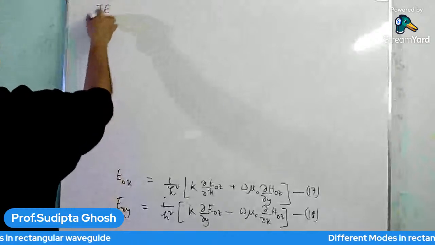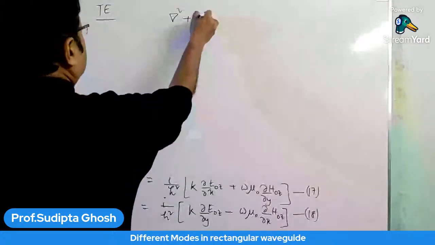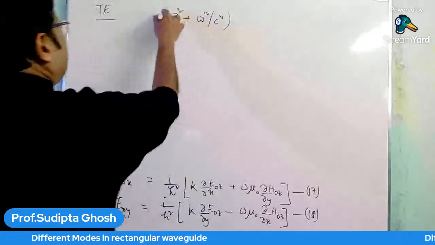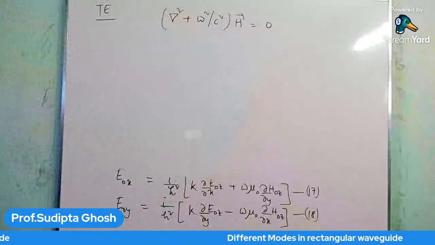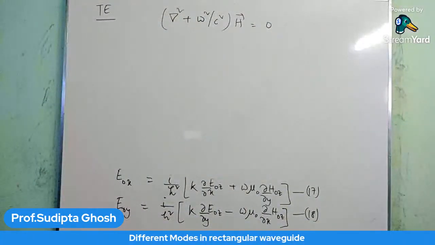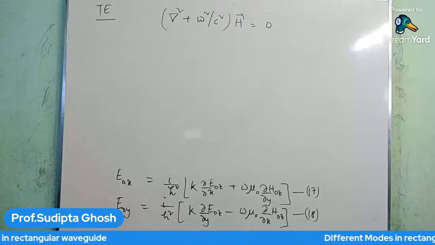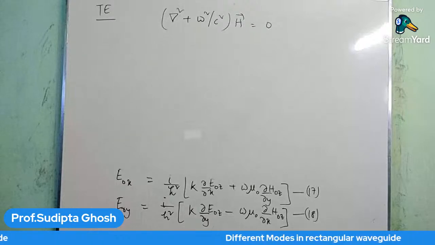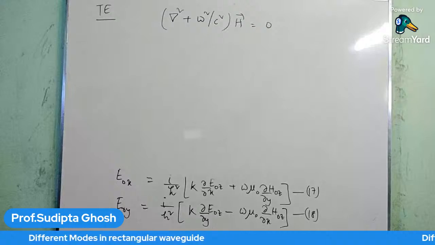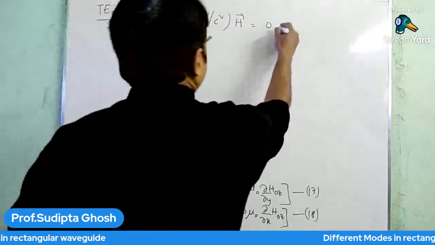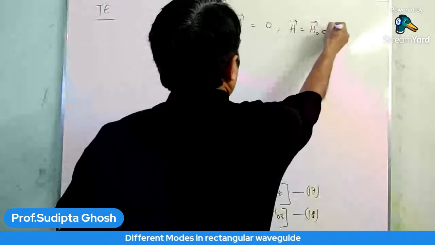So now I am going to discuss the TE waves or TE modes. The wave equation will be del square plus omega square by c square into capital H equals 0. Now as the Z dependence of H is assumed to be of the form e to the power i k z, H can be written as H0 e to the power i k z.